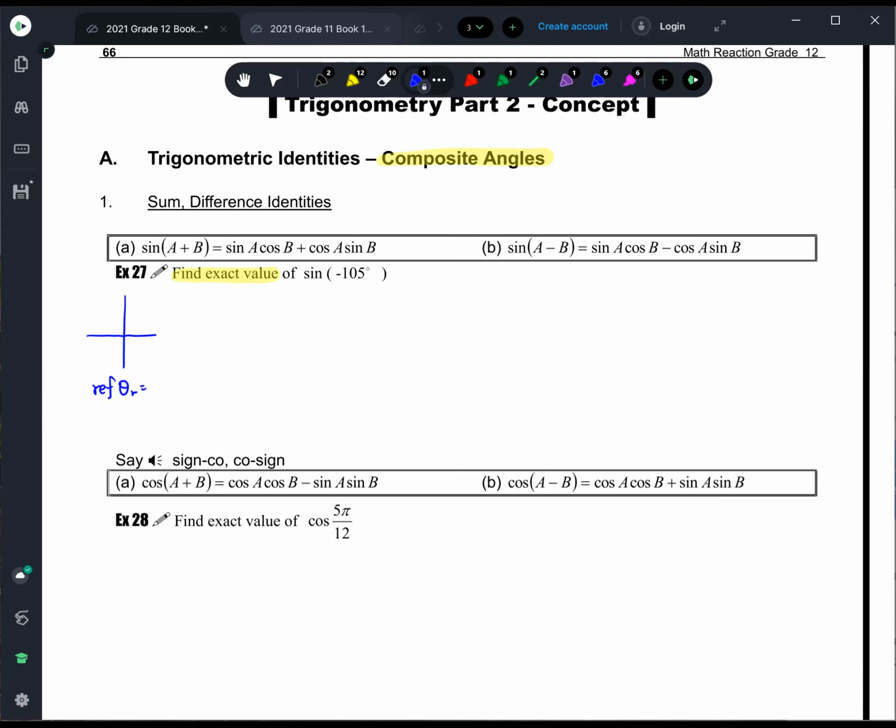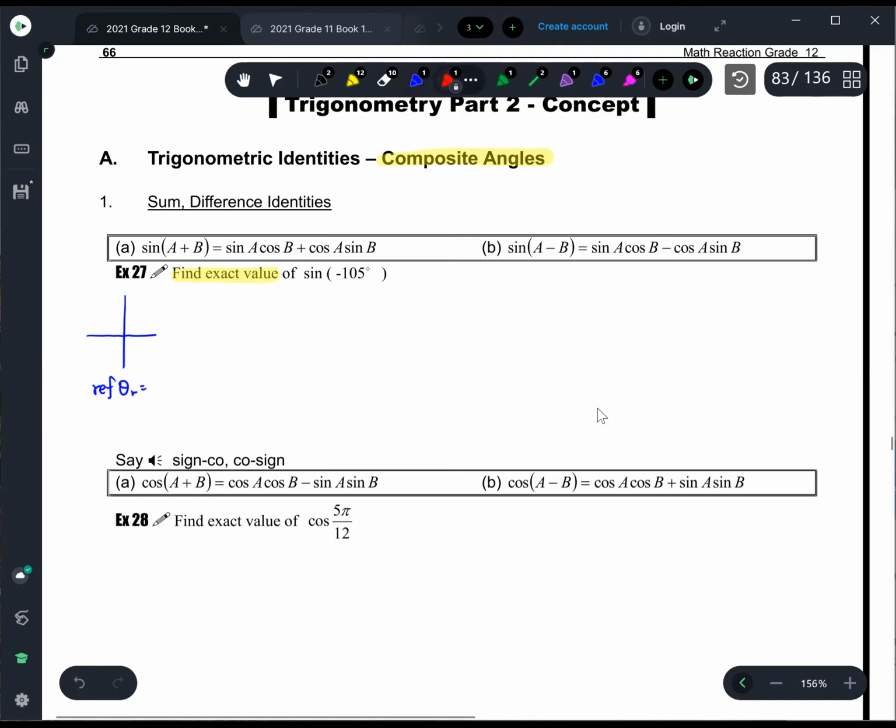Remember, for negative degrees, you have to turn clockwise. Negative 105 is somewhere here, right? Please raise your hand if you have found the reference angle.